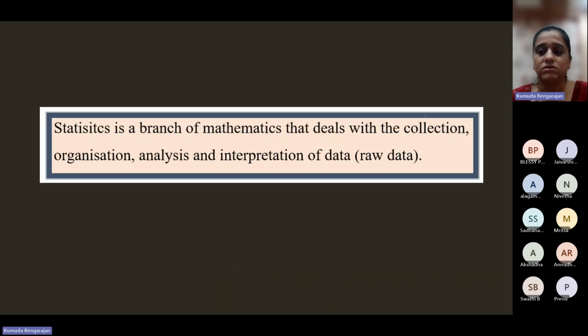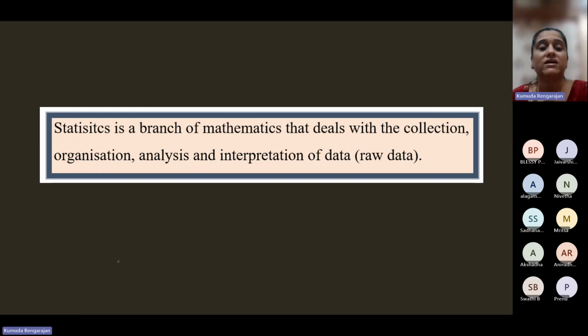So what's after the organization? Analysis. So how do you analyze the data? Now the statistician has presented the data using whichever distribution, grouped or ungrouped. Next he has to analyze the data.